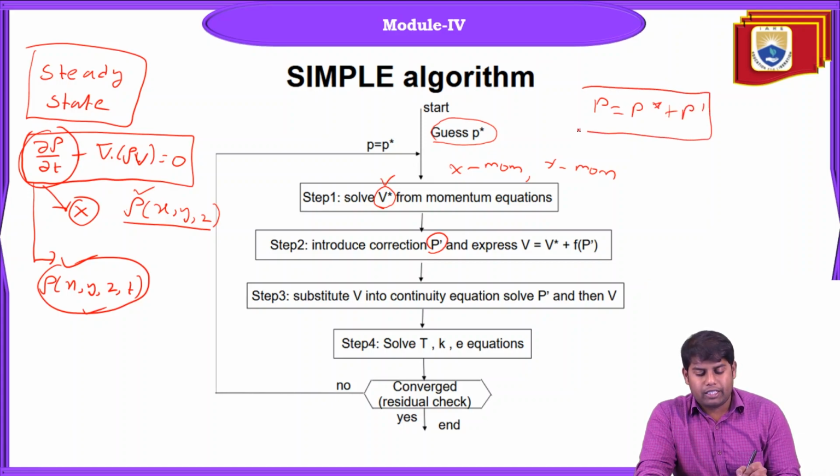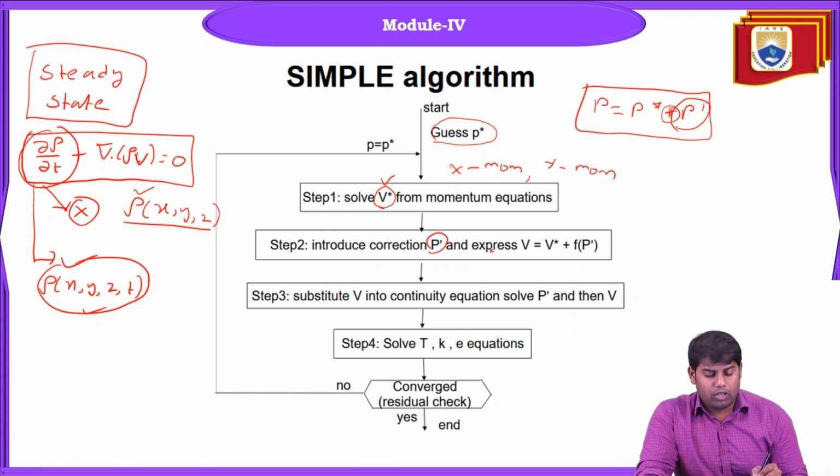This P dash can be positive, or the magnitude can be decreasing, so it can have a minus sign also. It depends on the type of guess value or the correction we have. This value changes.